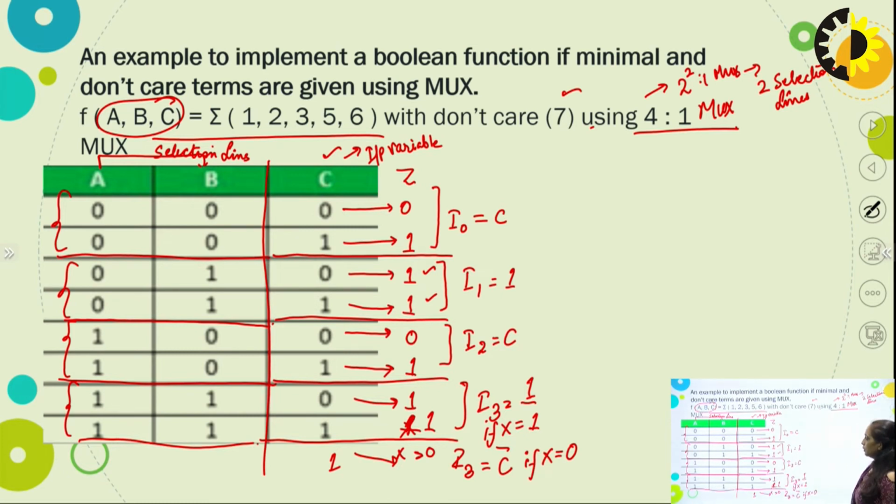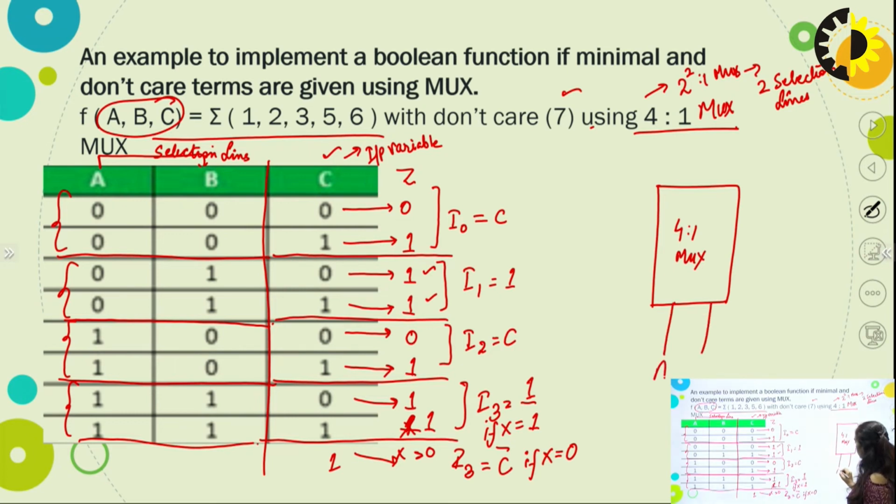Okay, so now we are going to connect it into the block diagram. We have the 4x1 mux. A and B are treated as the selection lines, right? And 4 input lines are there.